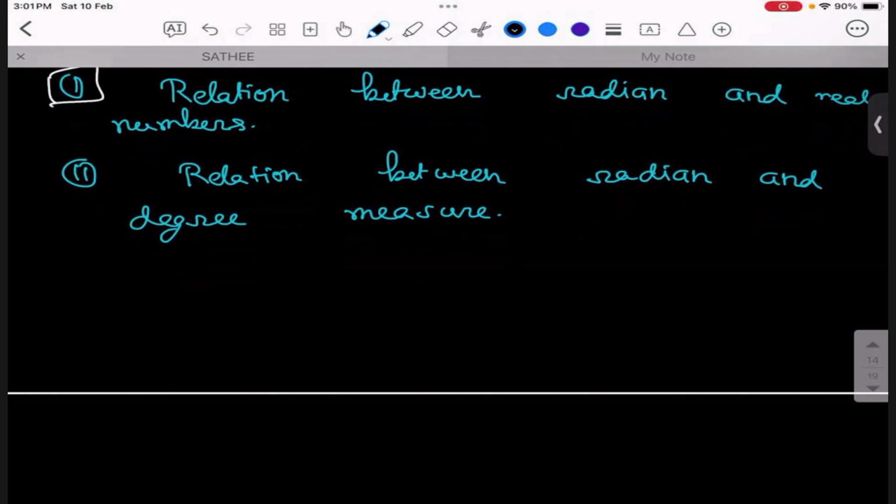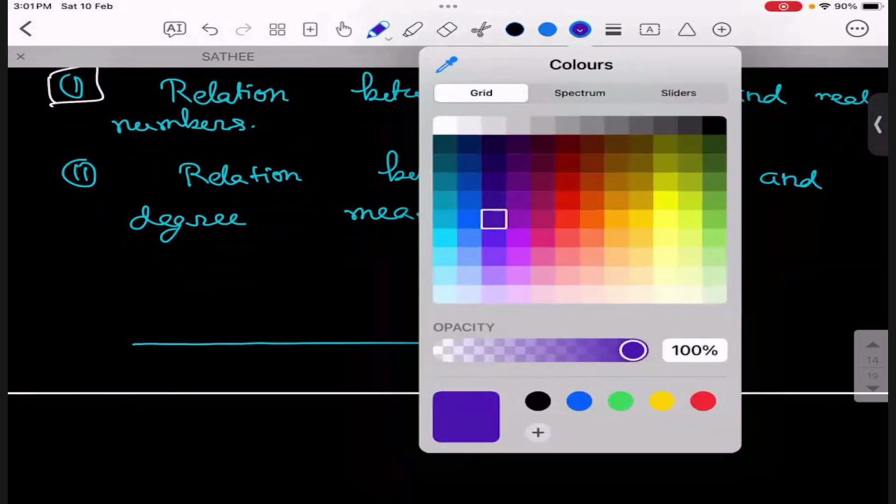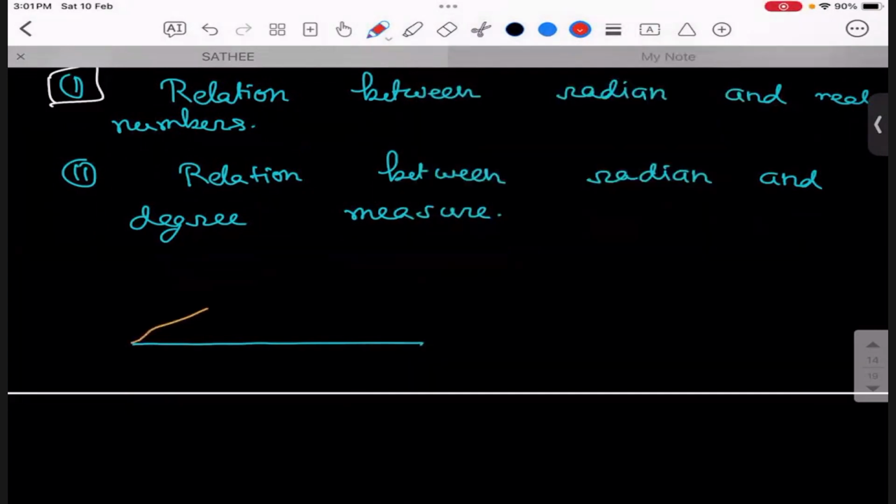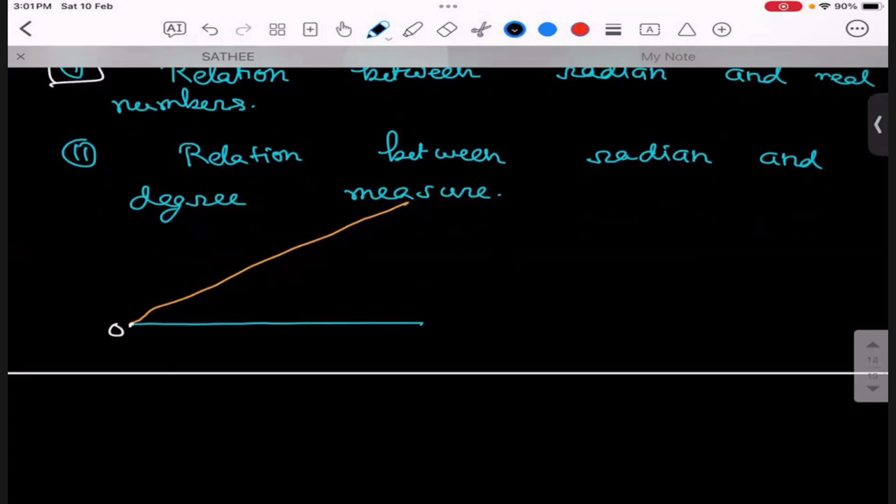So let us assume that this is our initial ray, and the red one is the terminal ray. This is the origin O, or vertex O. This is our OA, and this is our OA prime.